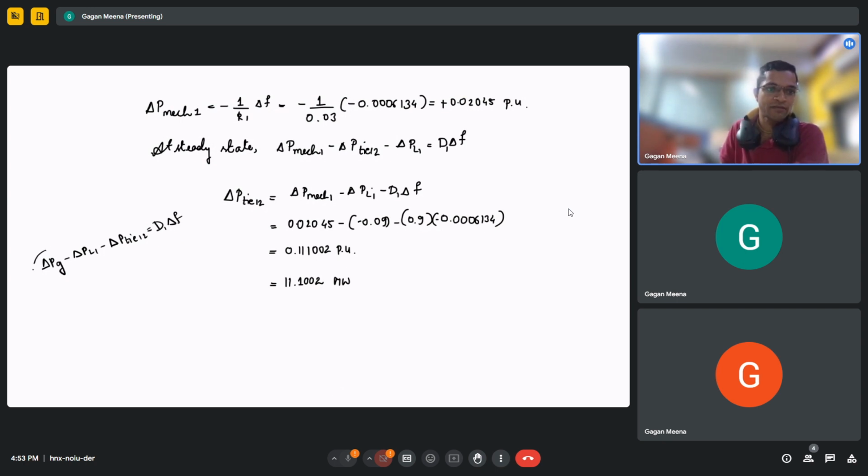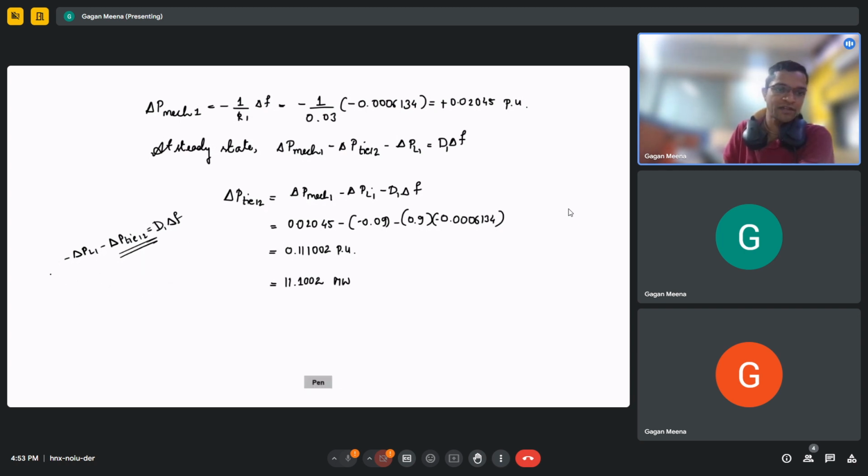So from here we can find out delta Pg. Delta Pg also we know, one more equation is delta F divided by R1. So we can substitute it here and then we can find out P Ti12. Substitute this here.